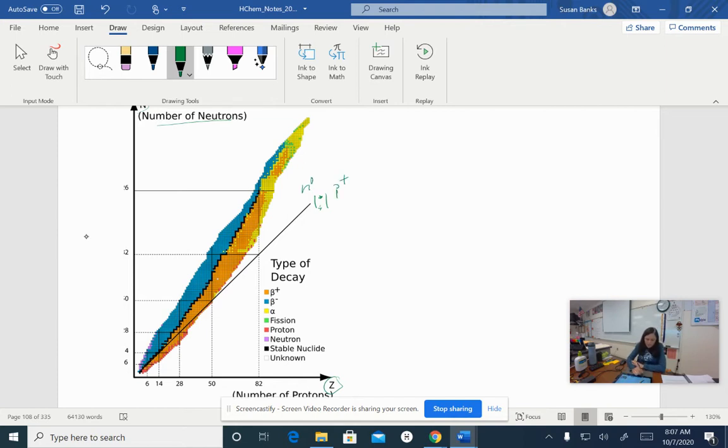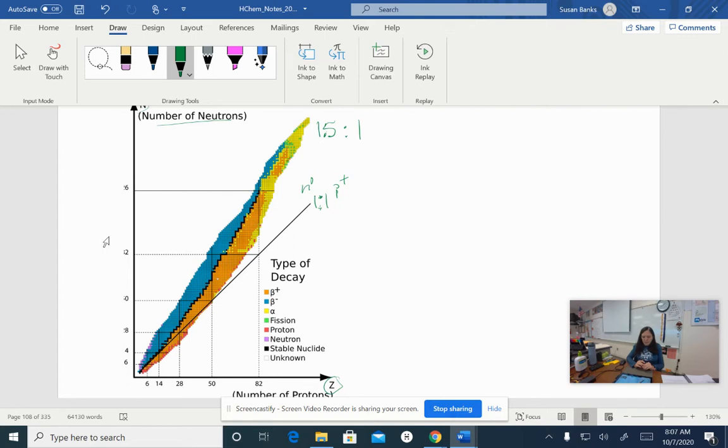Okay? Notice though, as our elements get heavier, it becomes more of a 1.5 to 1 ratio. So there's something about as the nucleus gets bigger and bigger that we need more neutrons in there to stabilize that nucleus.